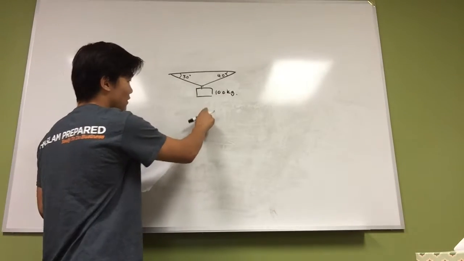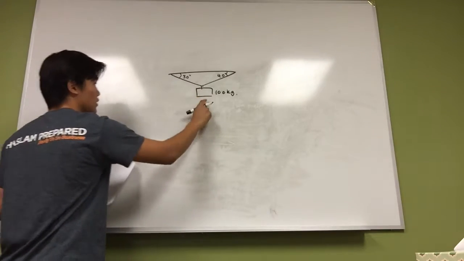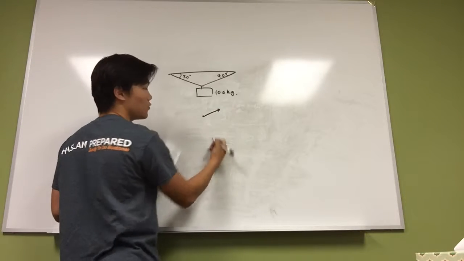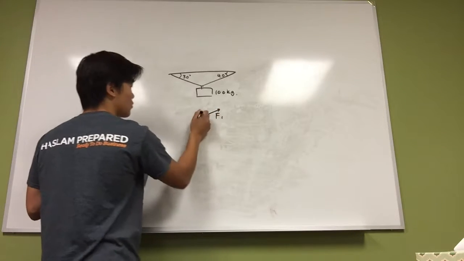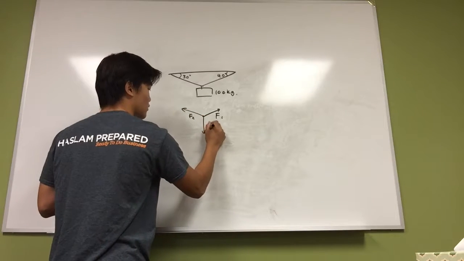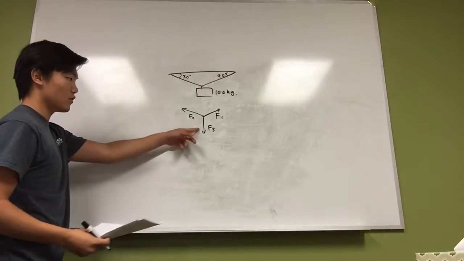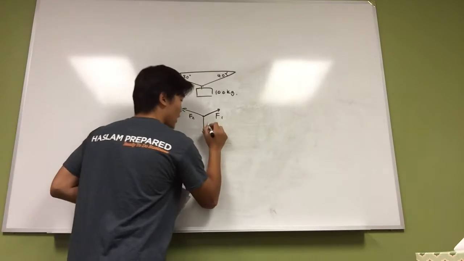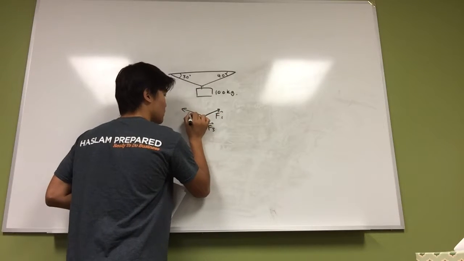We know that gravity works on this box, so we can draw a free body diagram if you know how to draw it. Force 1, force 2, force 3. Now these are vectors, so you want to draw arrows on top.